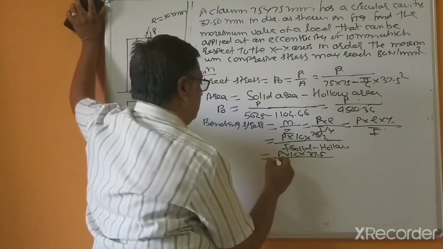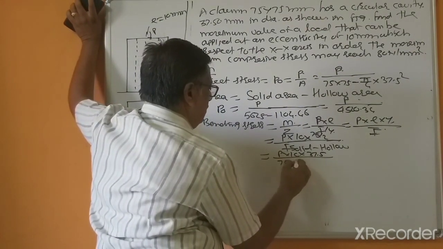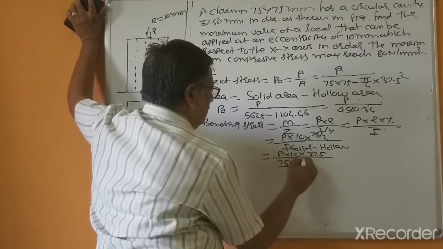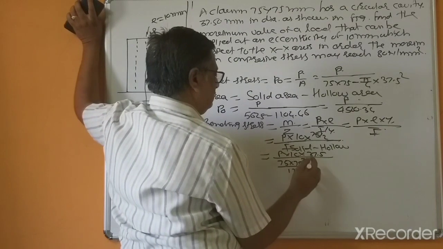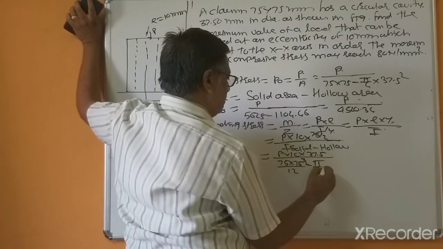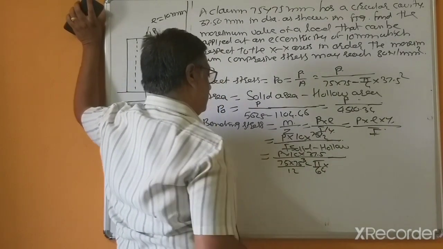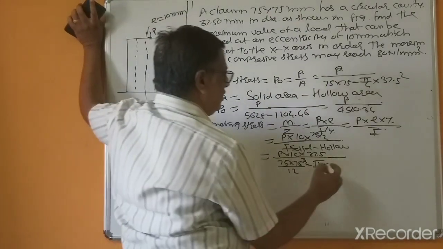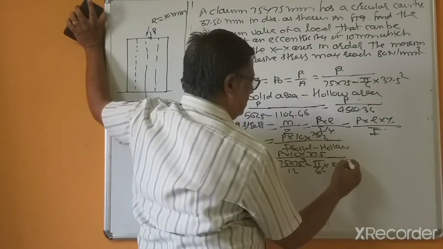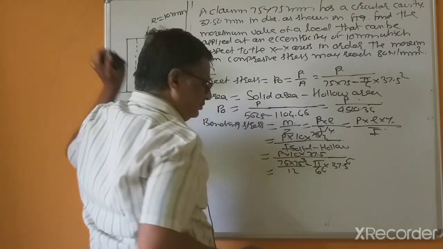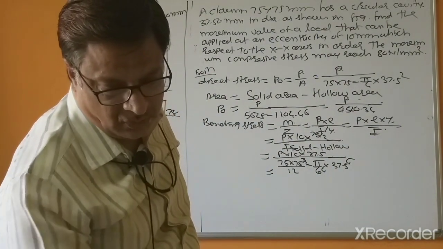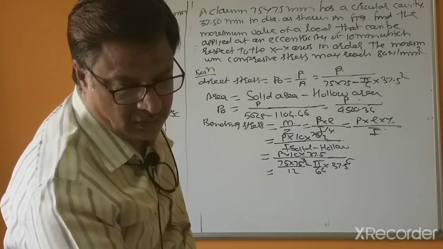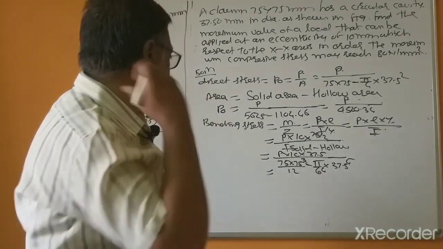That's why P into 10 into 37.5 divided by, solid 75 into 75 cube by 12 minus pi by 64 raised to 37.5 raised to 4. All right.